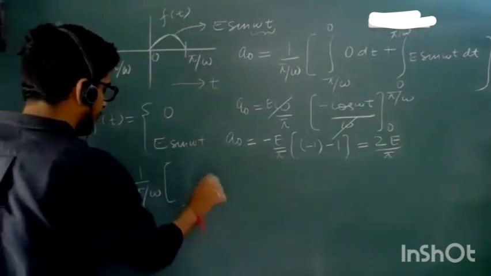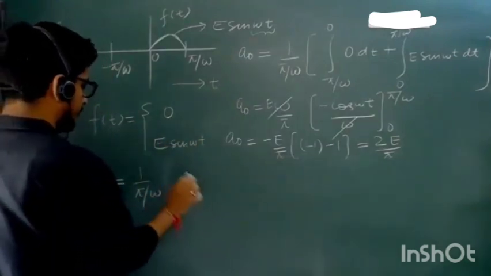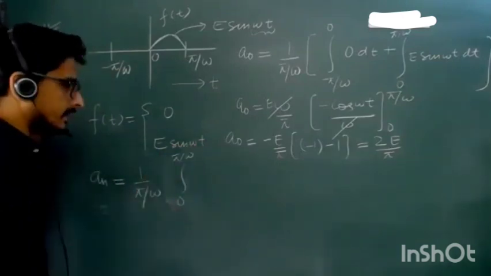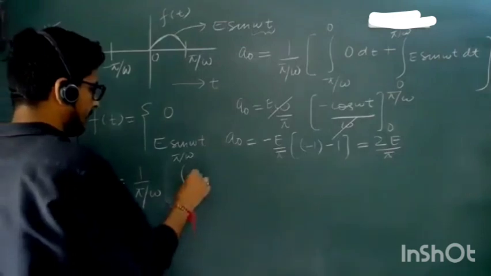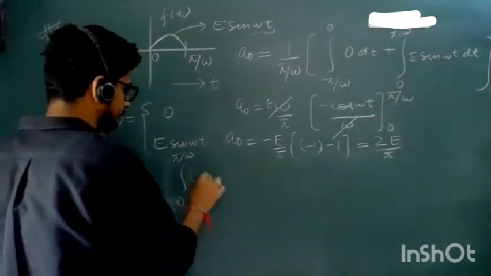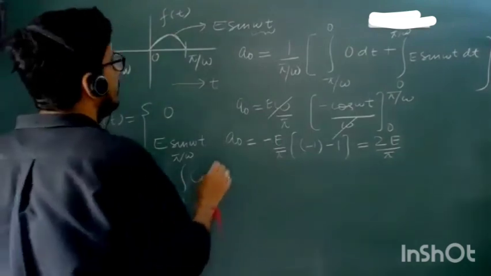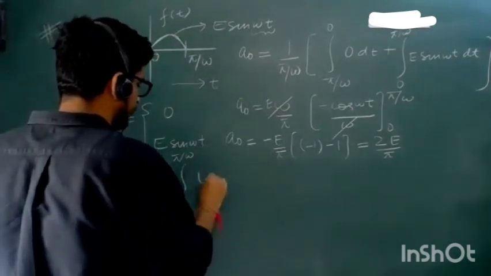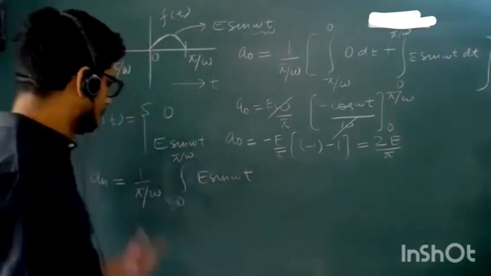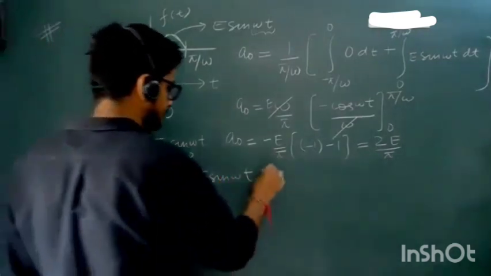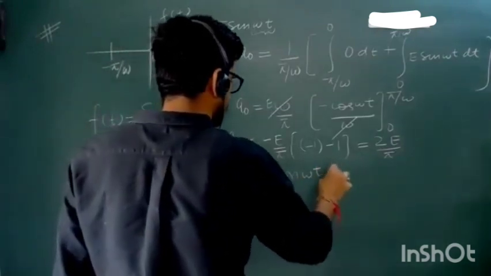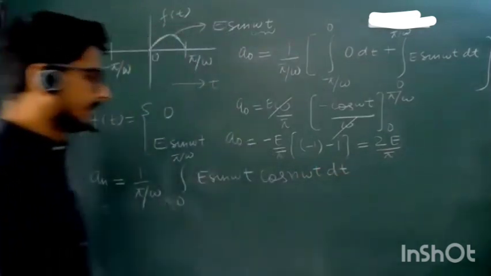This term of zero is not there at all. Now I am writing directly 0 to pi by omega. So here it will be what? e sin omega t into cos n omega t dt. Correct?